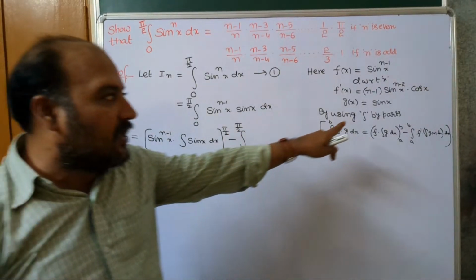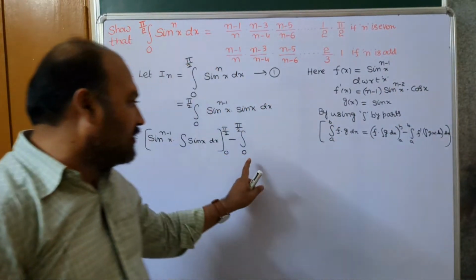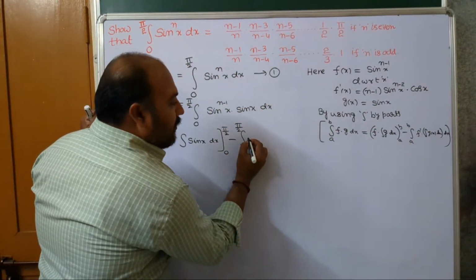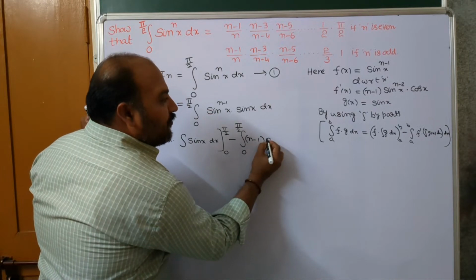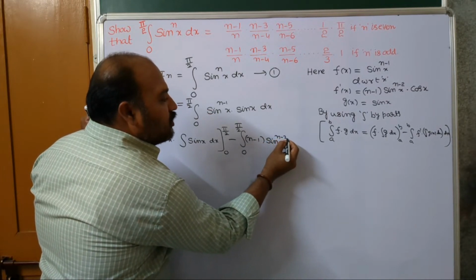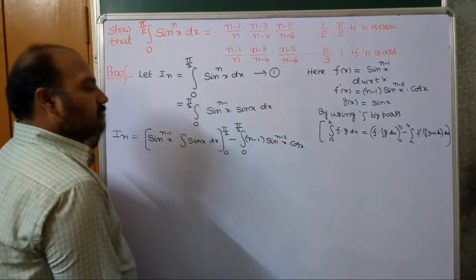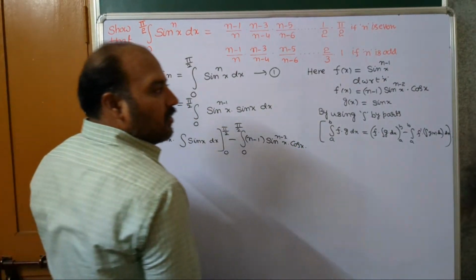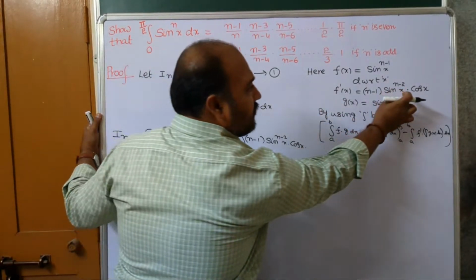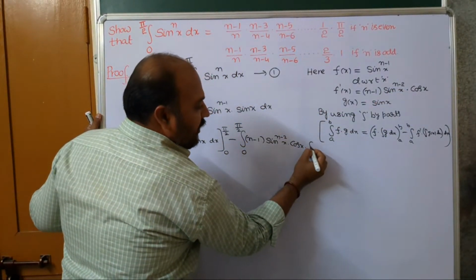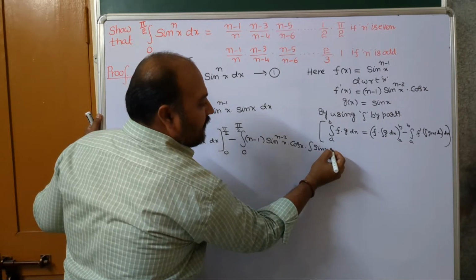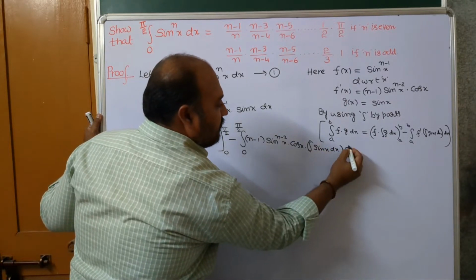Whatever f dash of x I wrote here, that we are going to replace here. So n minus 1 into sine power n minus 2 x into cos x into integral g of x, integral sin x dx whole dx.